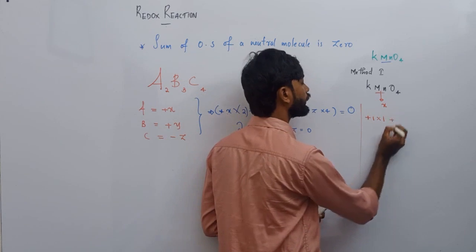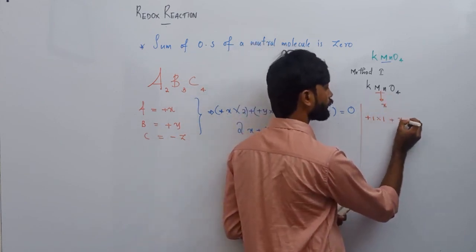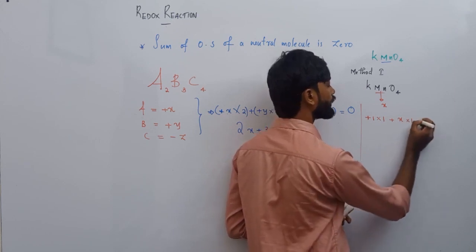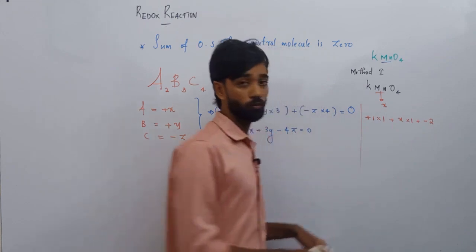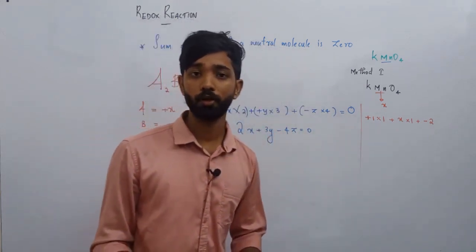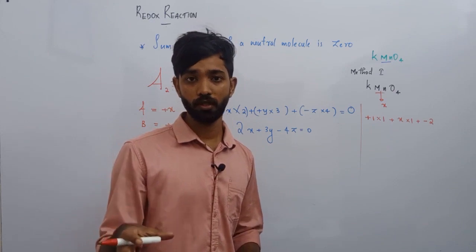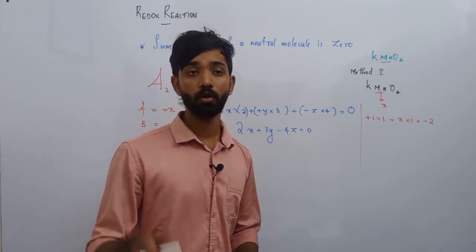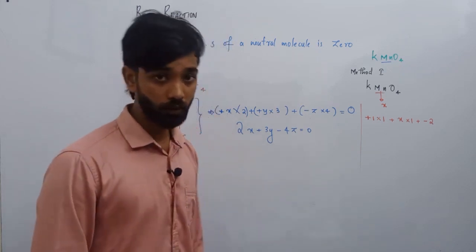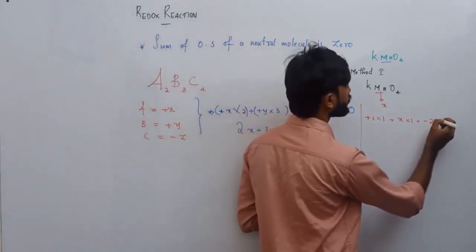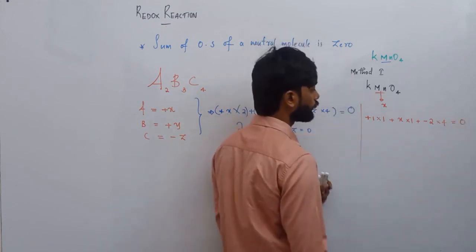Then the oxidation state of manganese, X, into 1, plus the oxidation state of oxygen, -2, into 4, equal to 0.